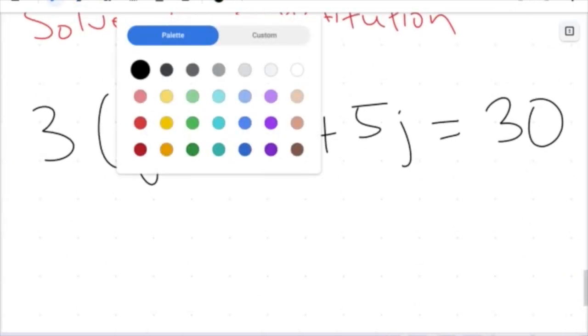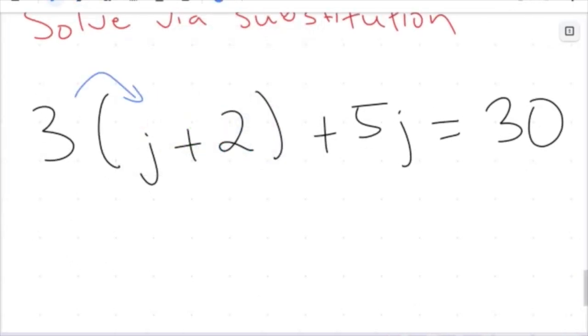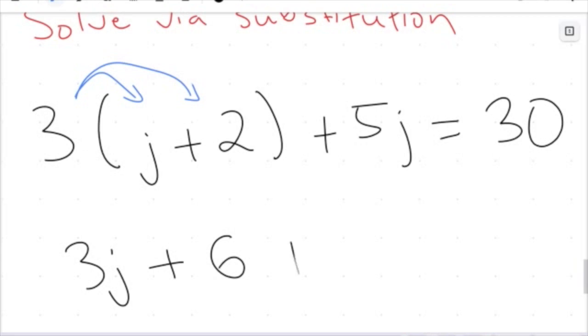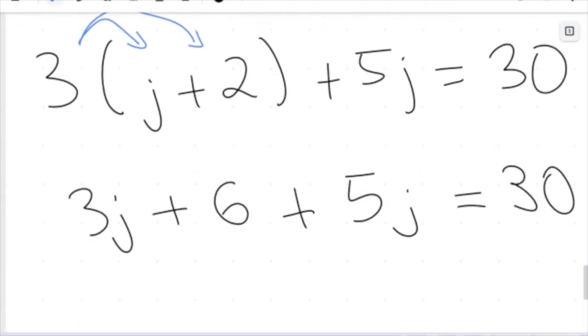When we solve these, we want to first expand the brackets here. And I have another 5J that's getting added on top of that. So 3 times J gives me 3J. 3 times 2 gives me positive 6. And to that, I'm adding 5J. And this equals 30.